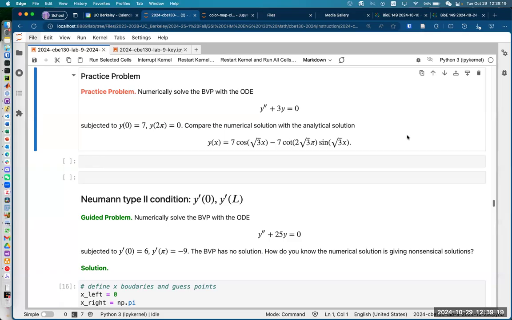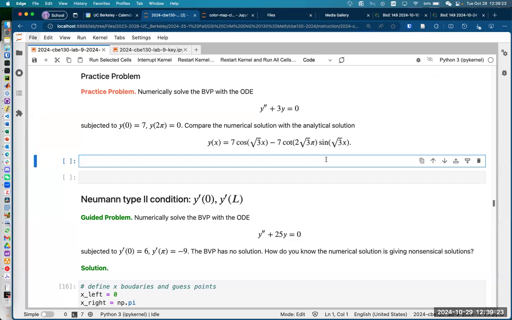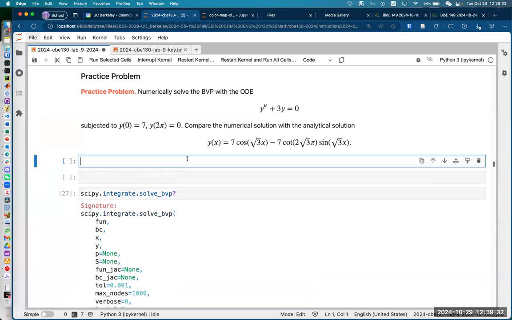Okay, are we all done with this problem? So to solve this problem, we need SciPy integrate solve_bvp. And it requires the function. And to rewrite this function, again, we make it a system of first order ODEs. So we have dw0 dt is equal to a lambda function of x, w0, and w1.